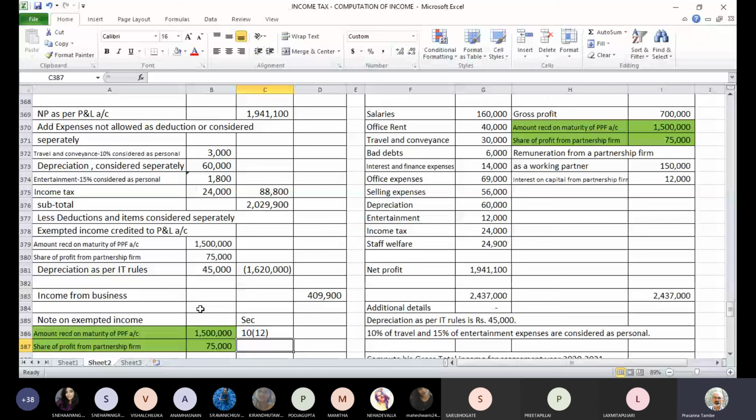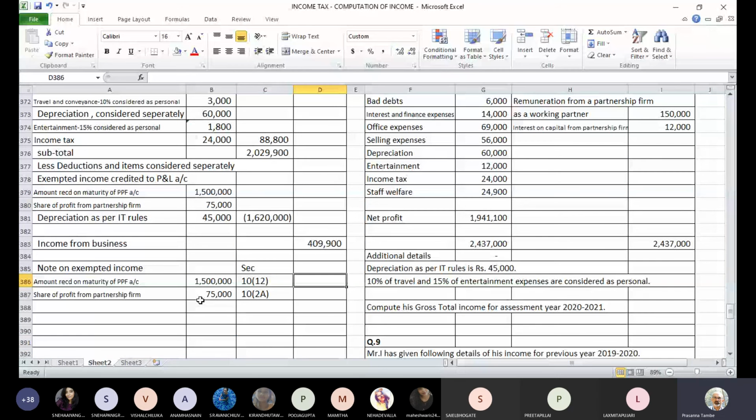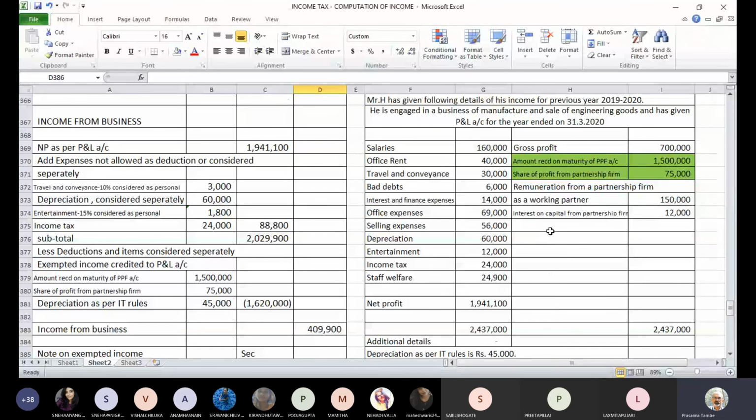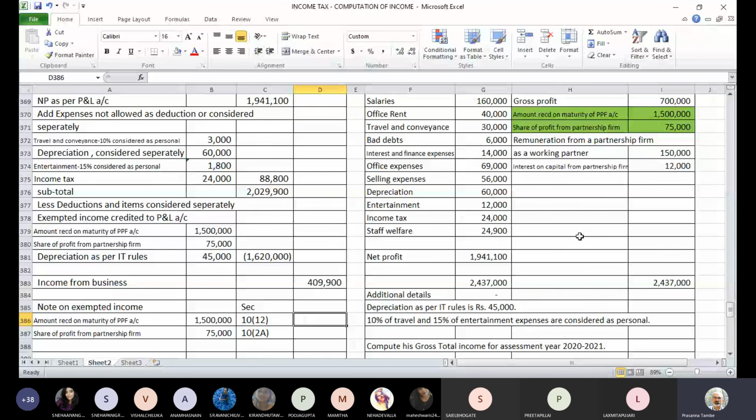Note on exempted income. Which are the exempted incomes? PPF amount withdrawal, 15 lakhs, exempted under section 10(12). Share of profit from partnership firm exempted under section 10(2A), and that is 75,000 rupees. These two sums, remuneration and interest on working capital, are taxed as business income only. So we are not going to make any adjustment in this net profit. It has already gone to the profit and loss account, so we don't have to do any adjustment whatsoever for that particular amount.